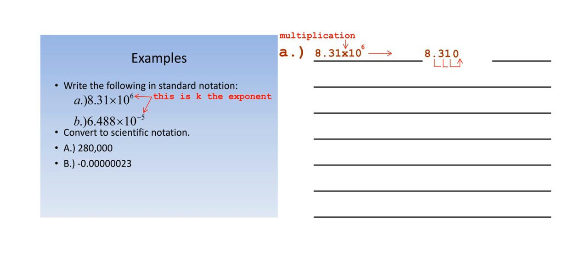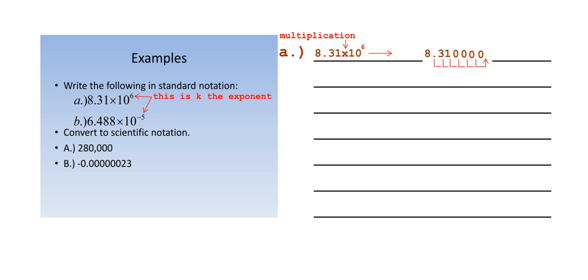So far we moved it once, twice, 3 times, 4, 5, and finally 6 places. Notice we have the 3, the 1, and 4 zeros. That makes it 6 places that we moved it. Agreed?